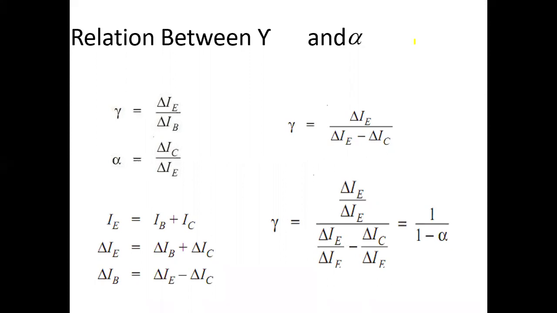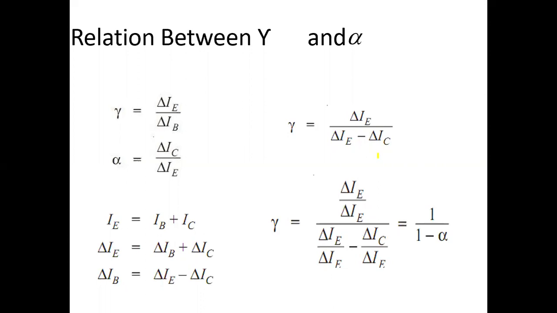We know the equation IE is equal to IB plus IC for DC current, and for AC current we have del IE is equal to del IB plus del IC. From this we can write del IB is equal to del IE minus del IC, and by putting this value in the equation for gamma, gamma is equal to del IE divided by del IE minus del IC.